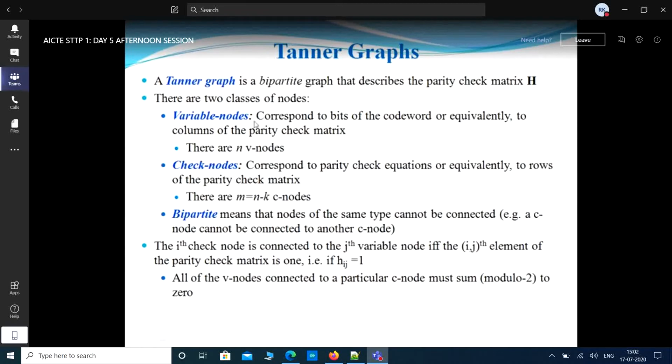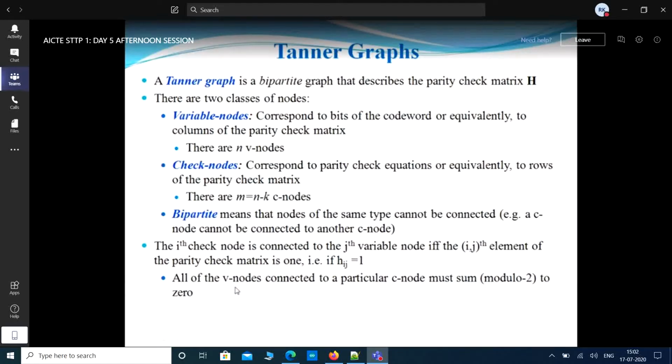So it is bipartite, meaning the information flows in both directions, from variable nodes to check nodes and from check nodes to variable nodes.